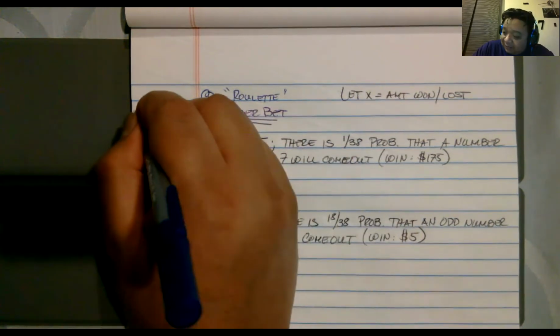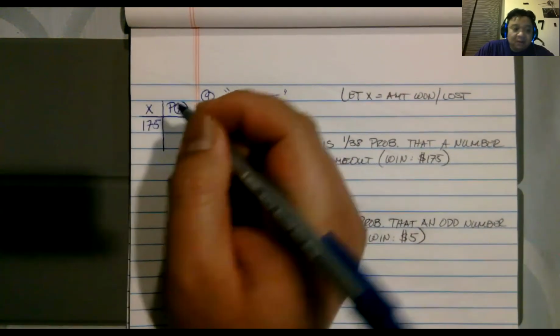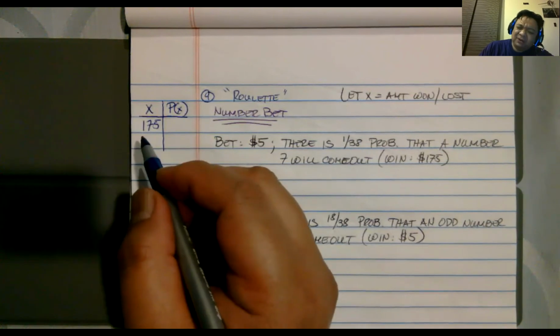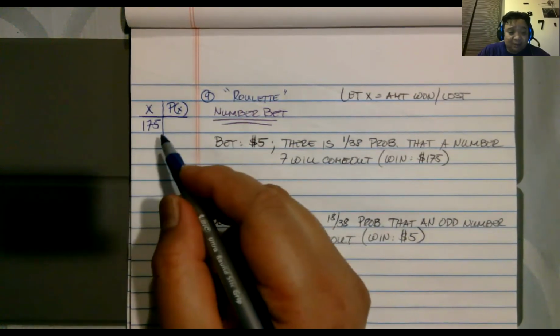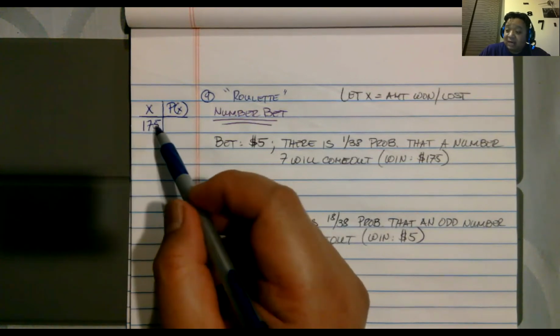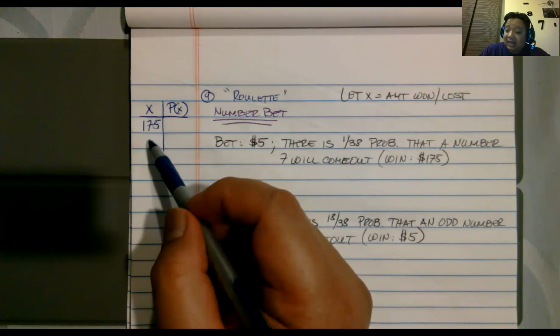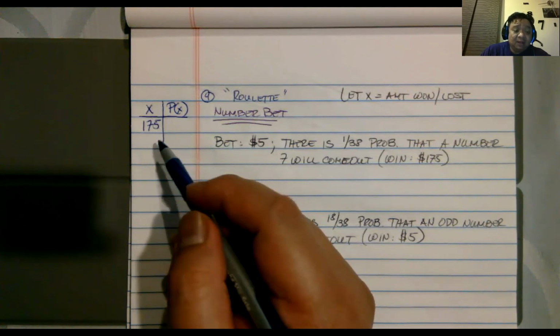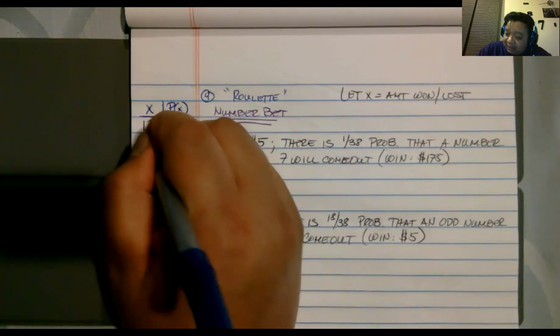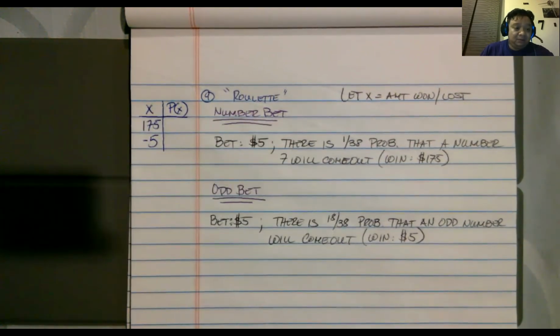Correct, right? So it's 175. It's up to you if you want to put the dollar symbol in front, but 175 is perfectly fine as long as you know what the values represent. So 175 is winning, and then losing. What's the value when you lose? It's -5, right? So it's -5 if you lose.